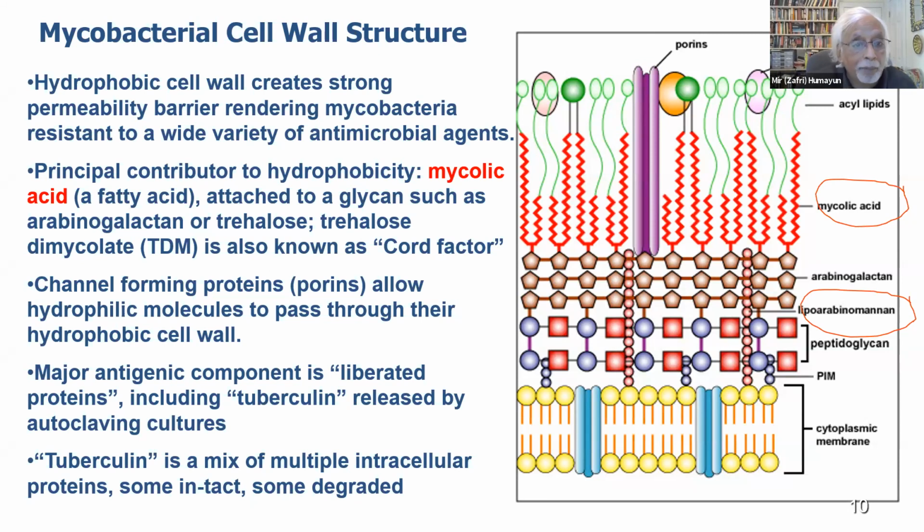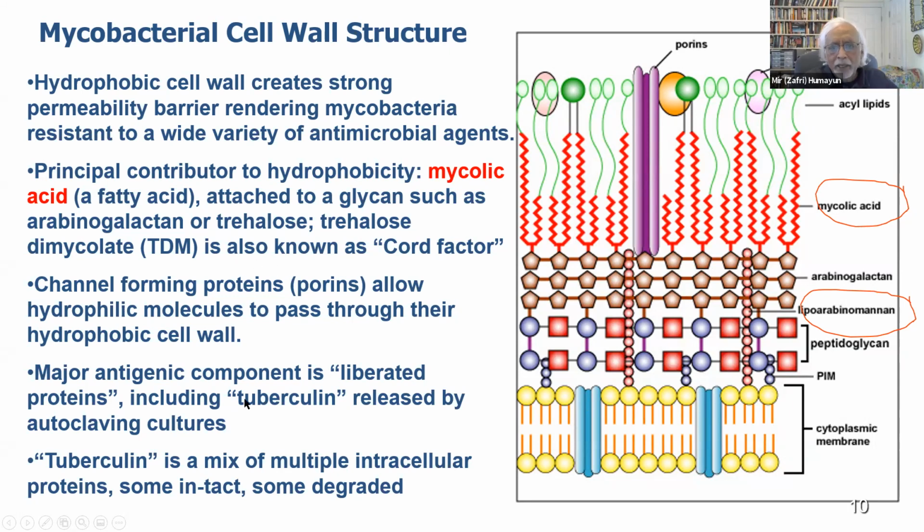And that provision is made by inserting proteins called porins at the cell surface, which are basically channels that allow for uptake of hydrophilic molecules and deliver them into the cell interior. As we previously mentioned, the principal contributor of hydrophobicity is mycolic acid, which is anchored to a glycan such as arabinogalactan. This is the arabinogalactan entity.